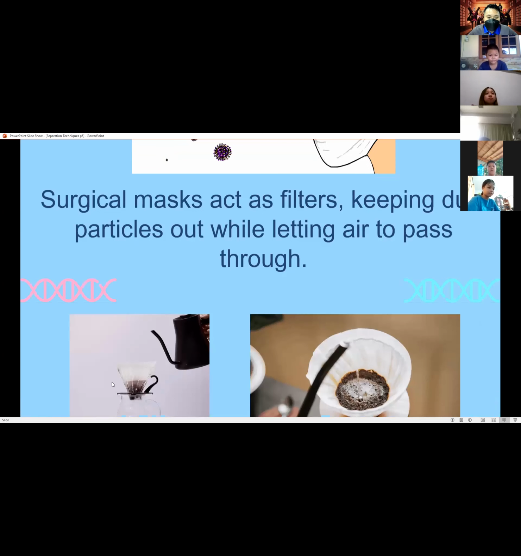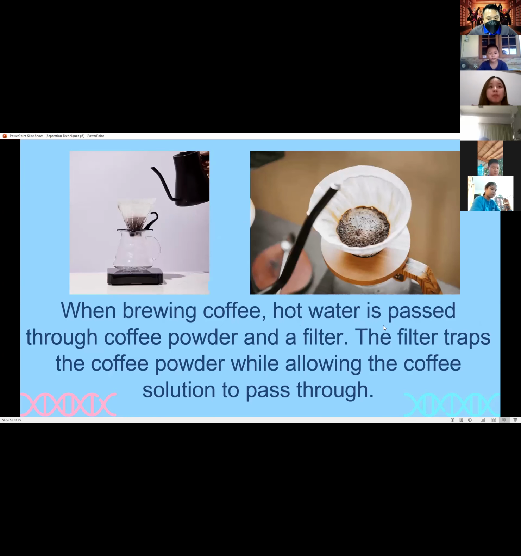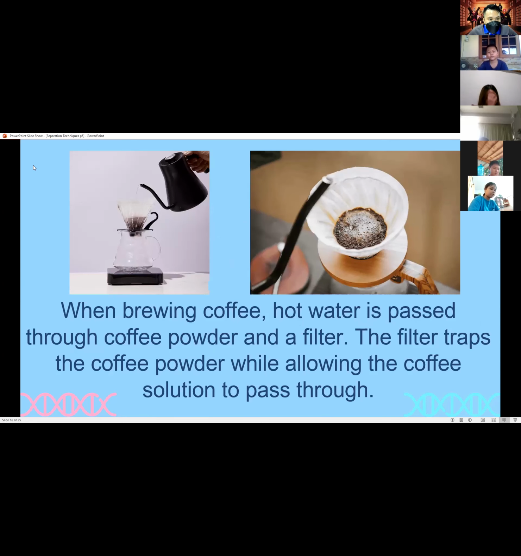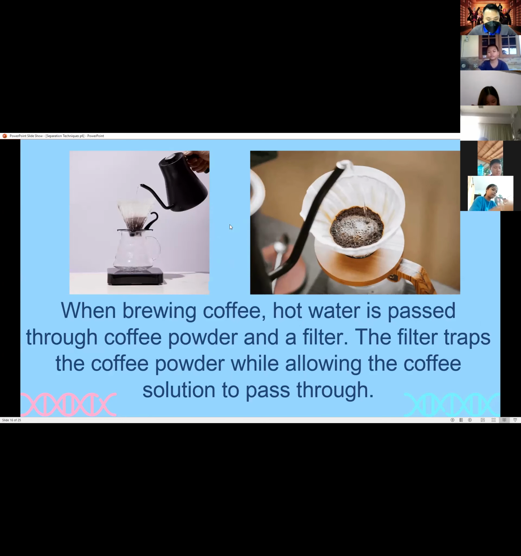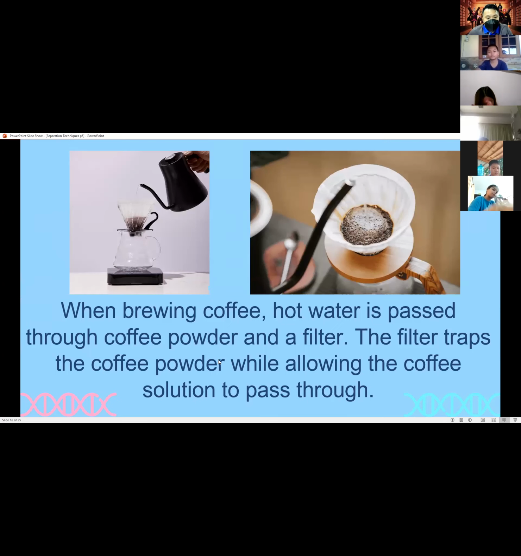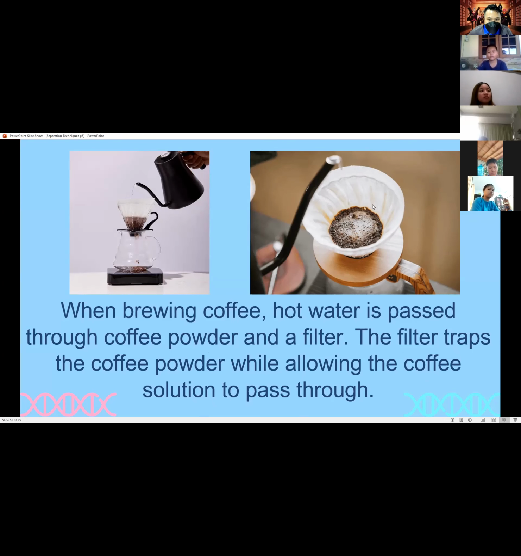Yes. So when brewing coffee, hot water is passed through coffee powder and a filter. The filter traps the coffee powder while allowing the coffee solution to pass through. So this one is the funnel, we have the filter paper, and when we put the water, the mixture of coffee and water will be here.